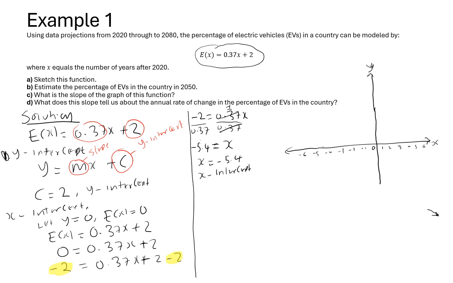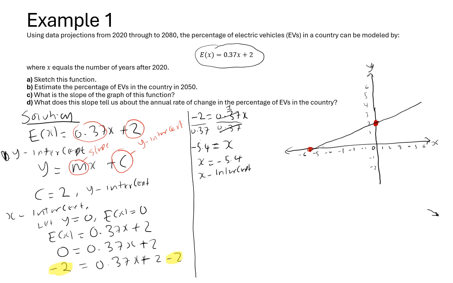Then we look at the y-intercept, where the line crosses the y-axis, at 2. And we look for minus 5.4 on the x-axis, somewhere between minus 6 and minus 5. Then we can just join the two.